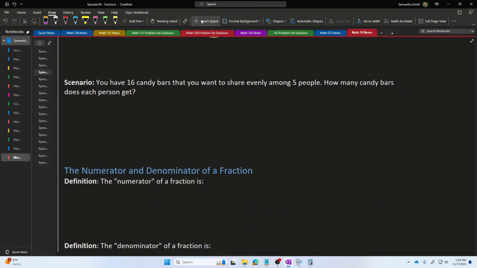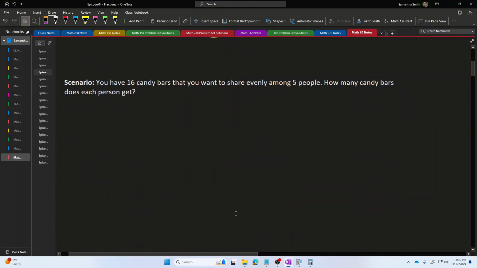Likewise, if I have 16 candy bars that I want to split evenly and fairly among 5 people, I'm going to have to take at least one of those candy bars and cut it up.